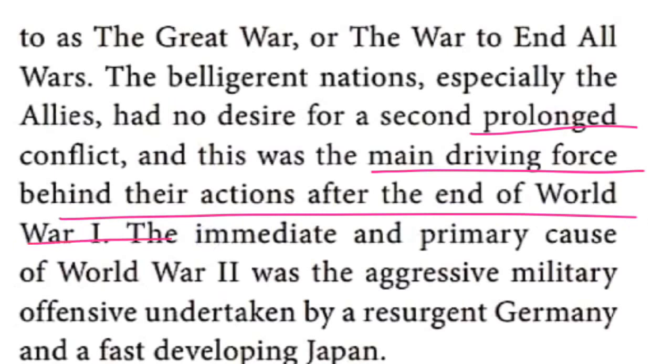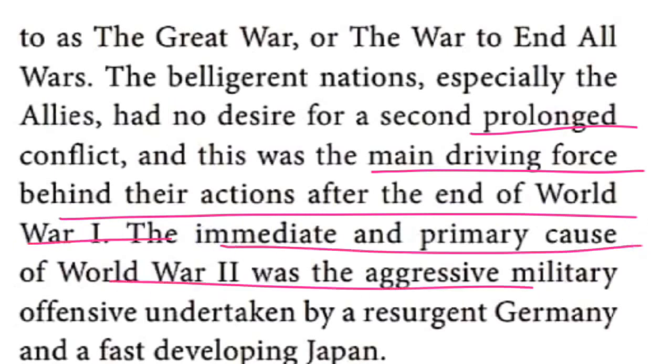So the immediate and primary cause of World War II was the aggressive military offensive undertaken by resurgent Germany. What is meant by resurgent? Reviving, in the sense it came back from its defeat, Germany. So resurgent Germany, reviving Germany, and fast developing Japan.